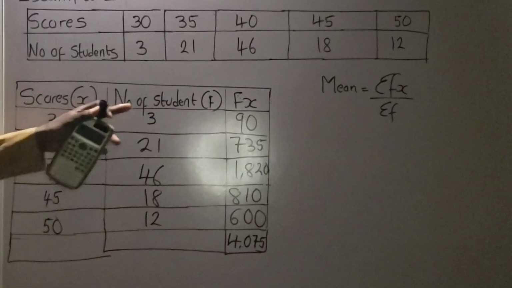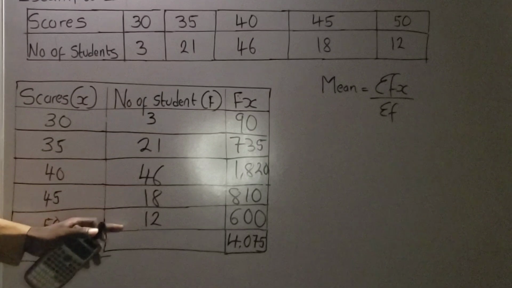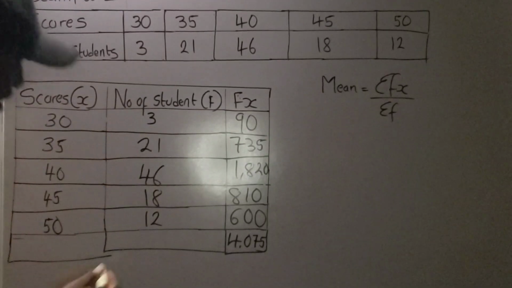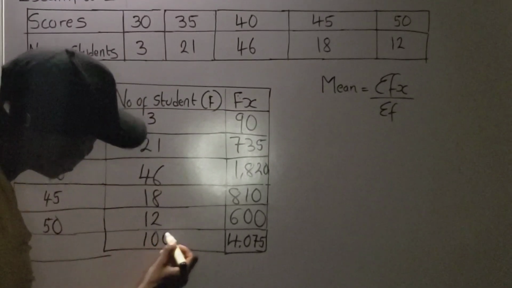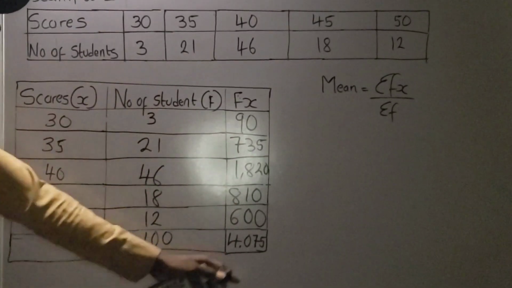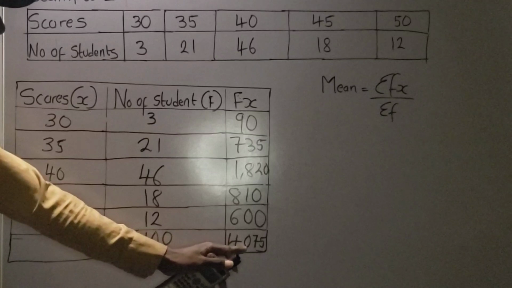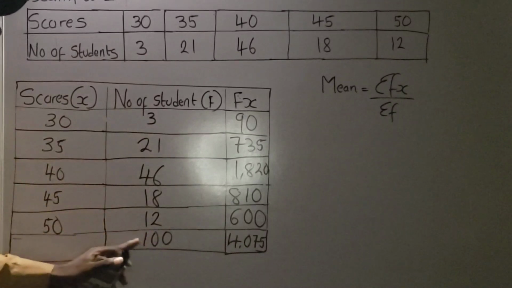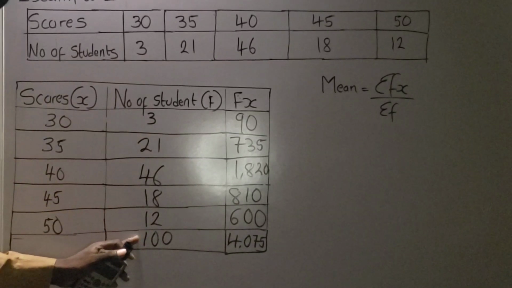And if you add all the values of the frequency that we have in the question, we're going to get 100. So we can make use of the formula for mean, because I've already calculated the sum of the product of frequency and x and the sum of the frequencies that I have.